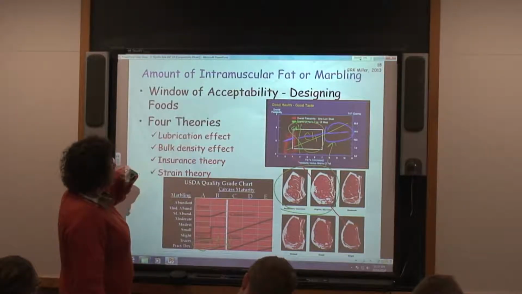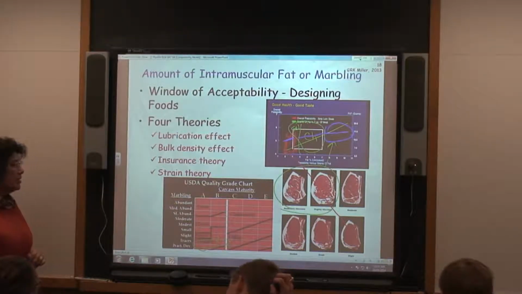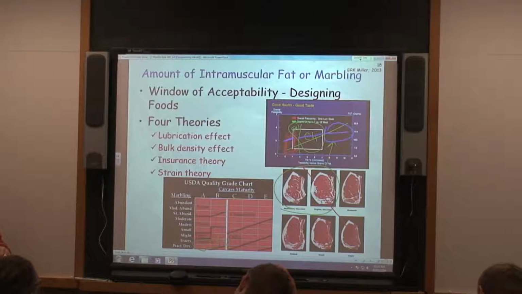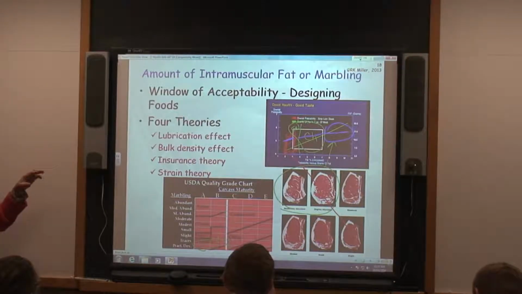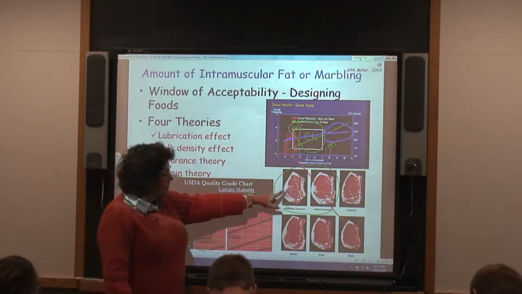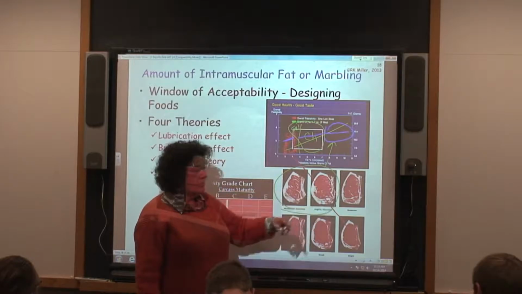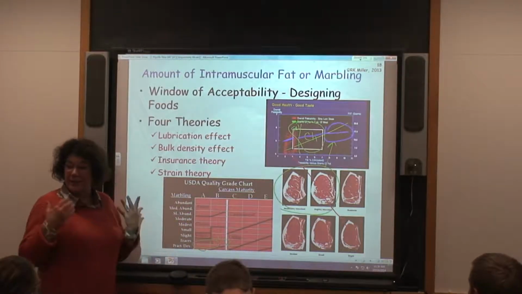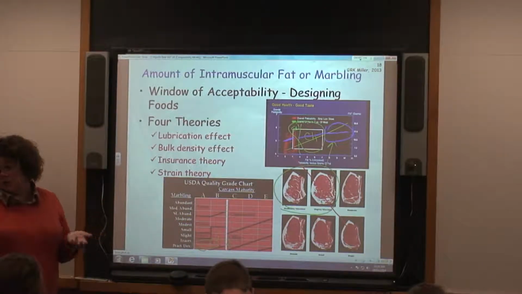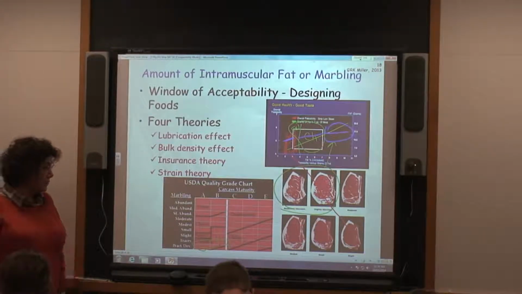How does marbling work? There are 4 theories. One is the lubrication effect. In the lubrication effect, when we look at meat when it's chilled, we can see the marbling. It's hard, but when we cook it, it gets liquid because it's an oil. It's a fat base. It's triacylglycerides inside an adipose cell.